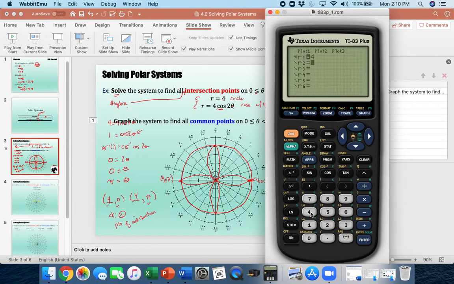Over here, put the rose, 4 cosine 2 theta, and go ahead and change also to your bubble graph. Let me check my window. 0 to 2 pi, small theta step. My total length is going to be 4, so I should be okay with all of these settings.